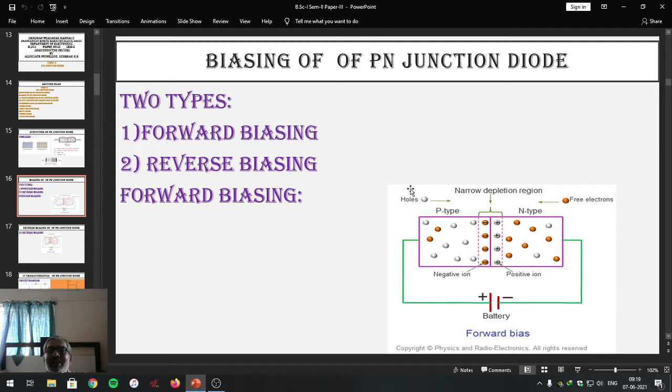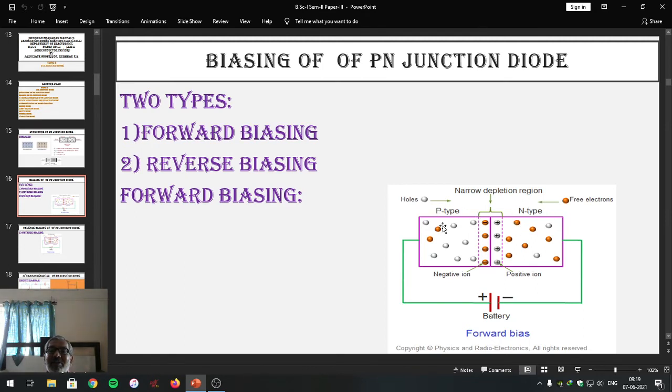This is a typical diagram that explains the forward biasing of PN junction diode. Look here, this is the structure of PN junction diode which we have already studied, containing P-type of semiconductor and N-type of semiconductor.